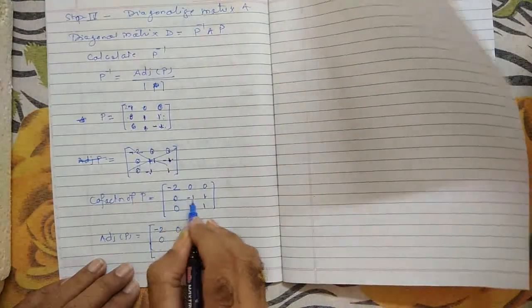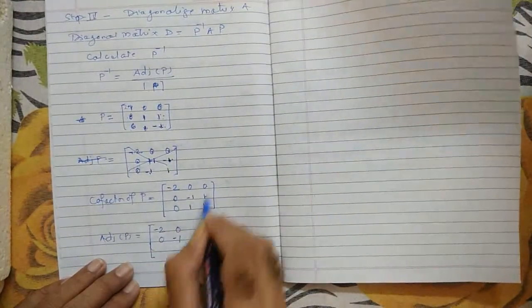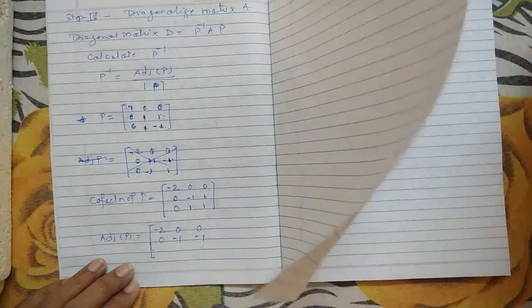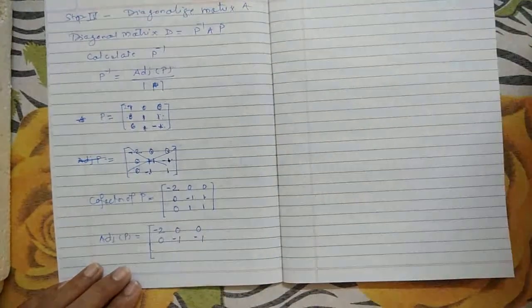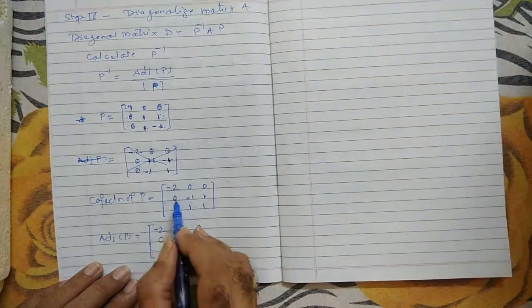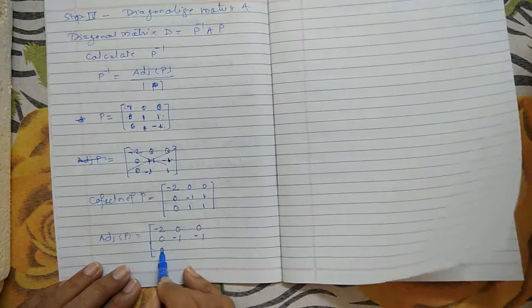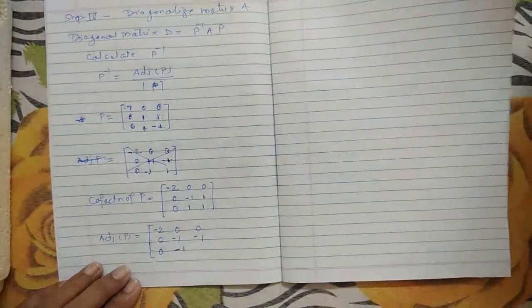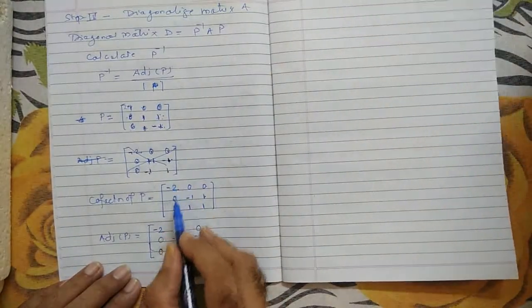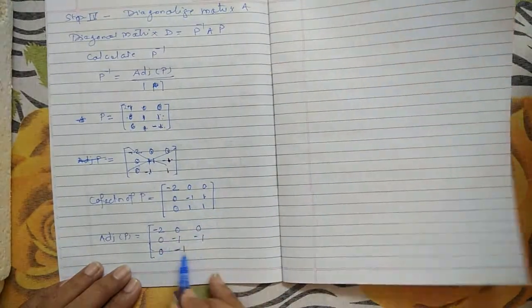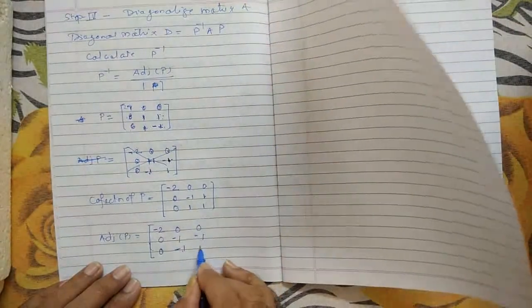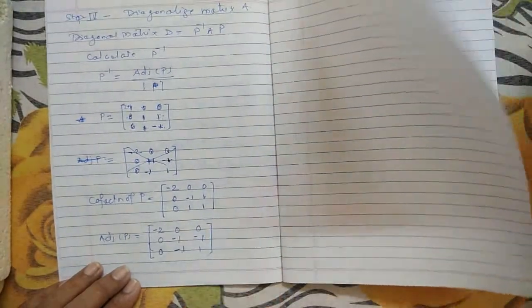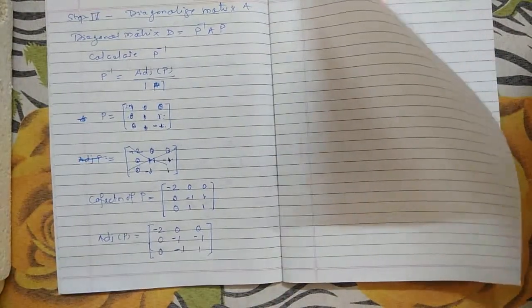This is negative, this is positive, so we will take as it is, and this is negative, so we will put -1. This is positive, negative, then positive, so we will take, this is positive, this is negative, so we will put here negative. This is positive, negative, positive, positive, negative, and again here is the positive, so we will put 1 here. So this is my adjunct P.